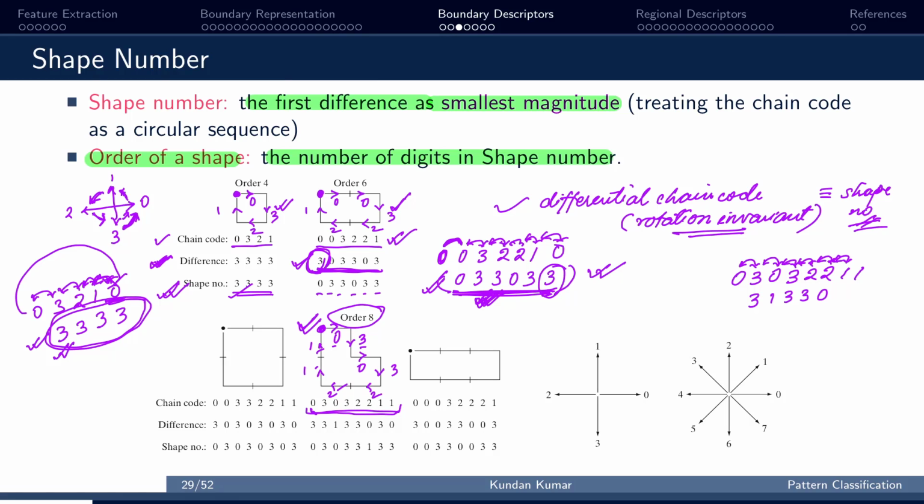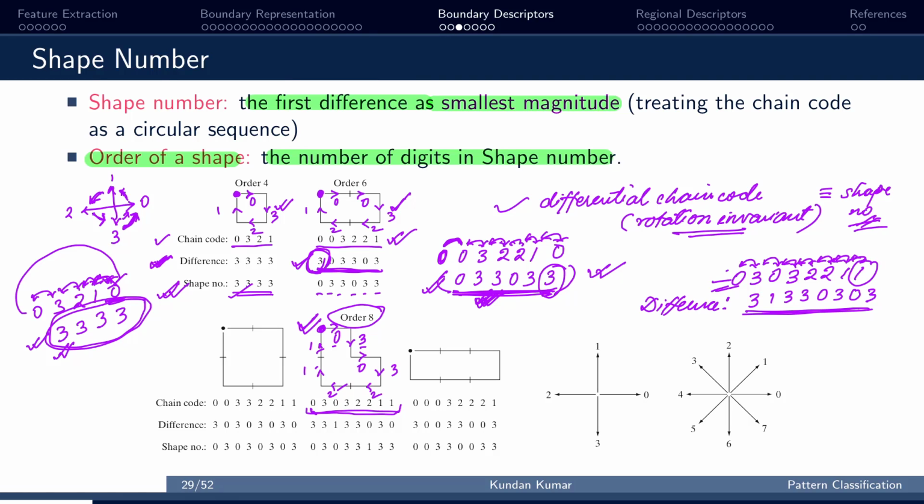Then 2 to 1, it is 3. And then 1 to 1, it will be 0. And then we have to check the difference between the last element and first element as well. So we have to traverse from 1 to 0. So that will be 3. Okay, so this is our difference.